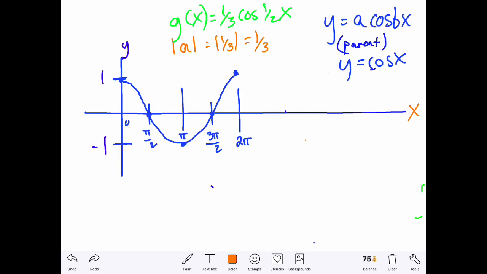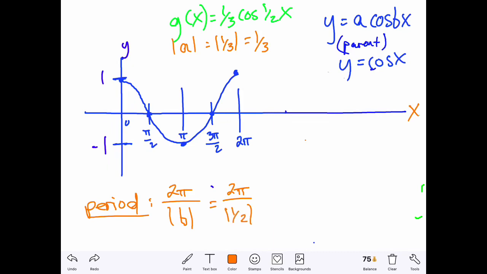Then I want to identify maybe my period. Well, what was my definition? Let's write it. 2 pi over the absolute value of B. So 2 pi over the absolute value of 1/2. Remember, my B is found in front of the x.